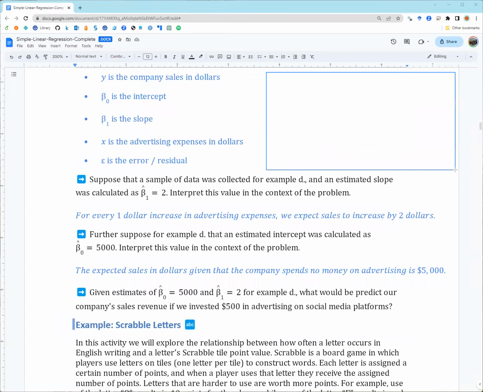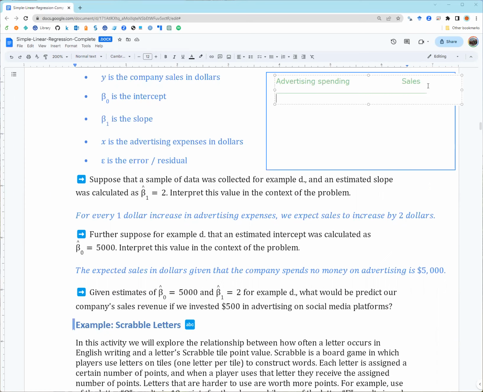Let's say we had the two variables, X and Y. X was advertising spending, and Y is sales. It's our response variable.